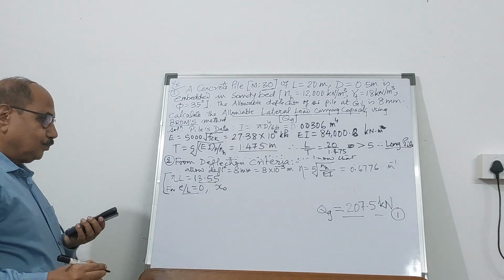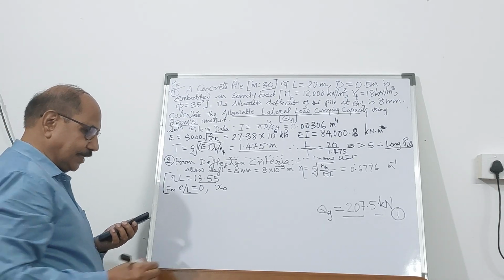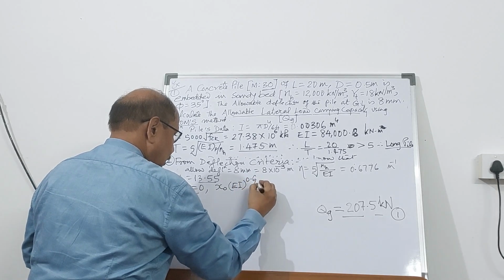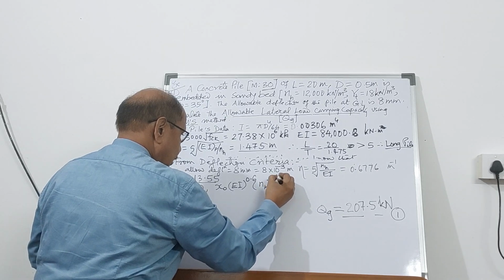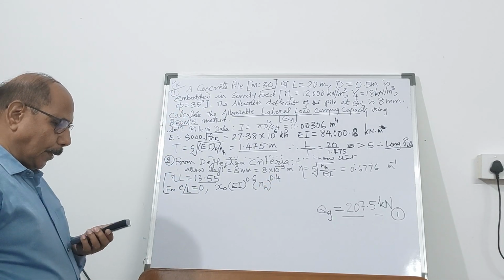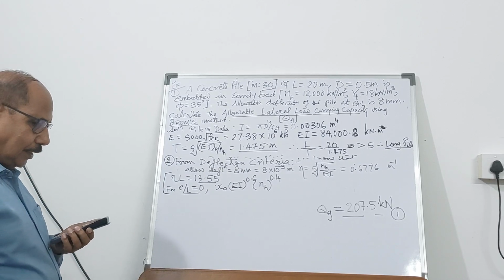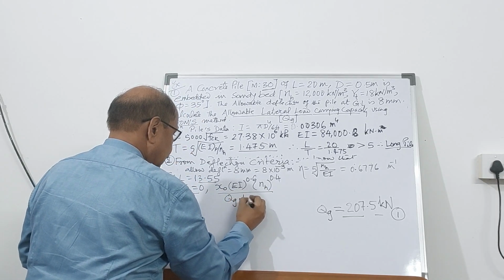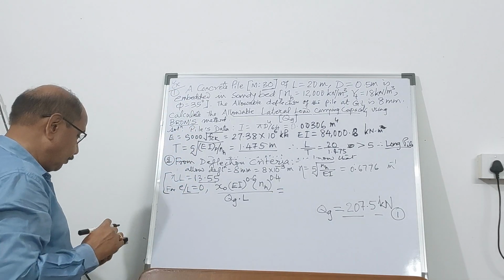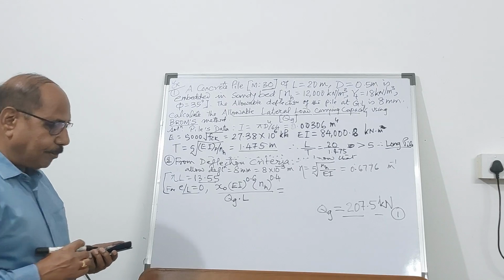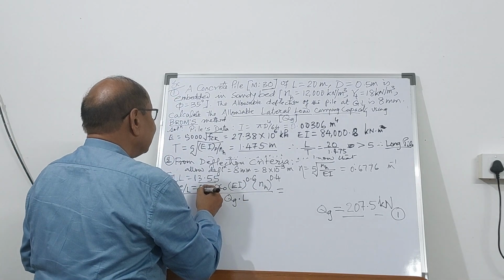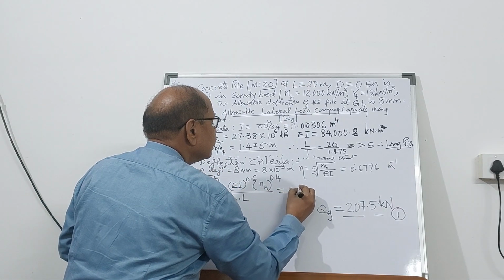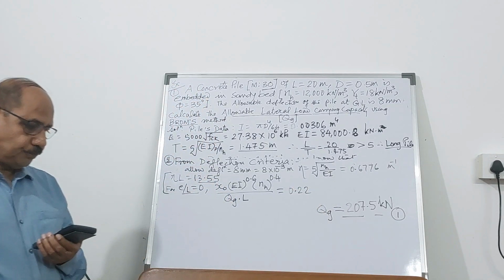from the y-axis you can find out x naught multiplied by EI raised to 0.6, NH raised to 0.4, divided by Qg into L. And if you refer to the chart, this will be approximately, for e by L equal to 0 and eta L equal to 13.55, roughly 0.2 approximately.